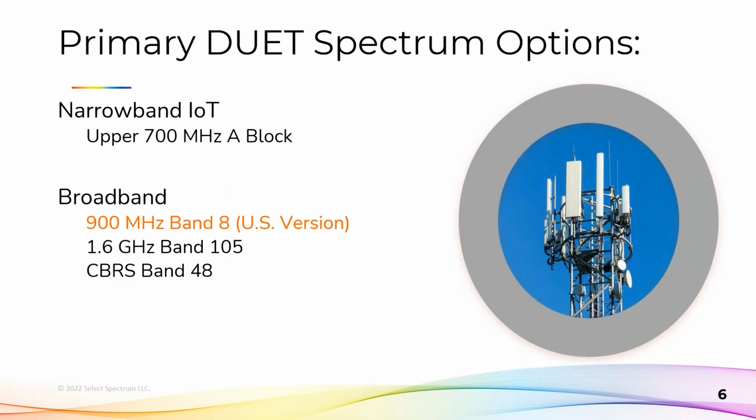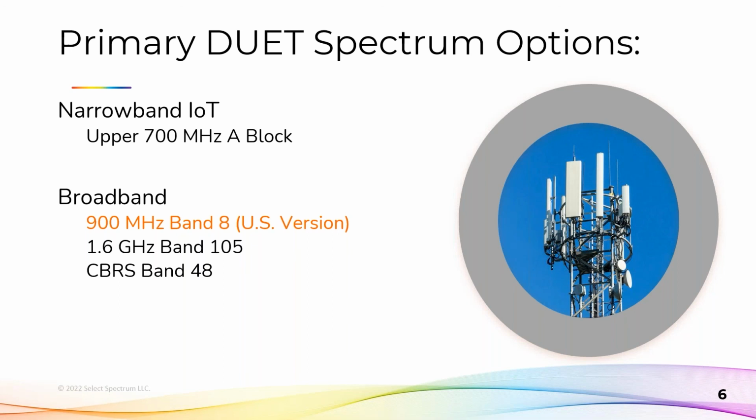So as we think about what spectrum options might be there, with sub 1 gigahertz specifically focused on NB-IoT, there's really only one that I would recommend as being broadly available, and that's the upper 700 megahertz A block. In terms of the broadband, 900 megahertz is an option, so you certainly can look at that.